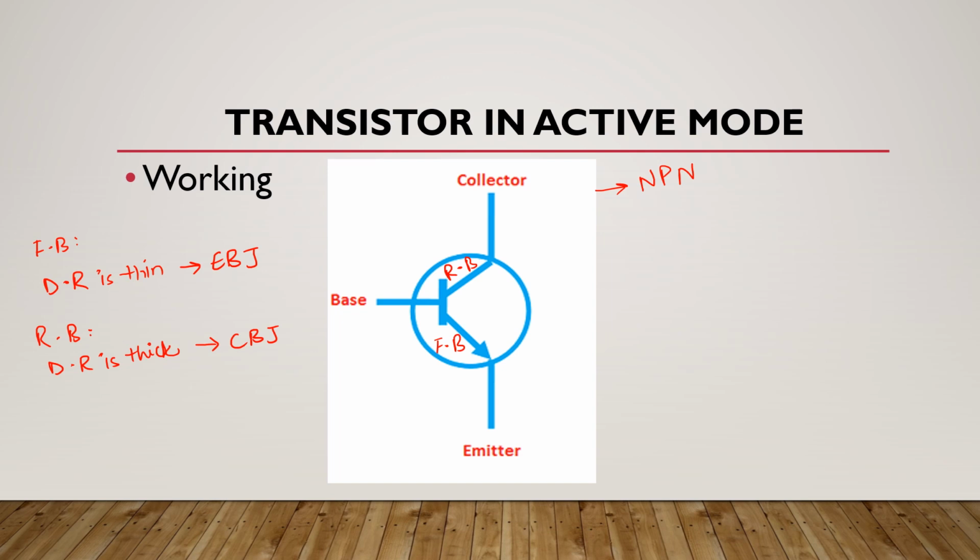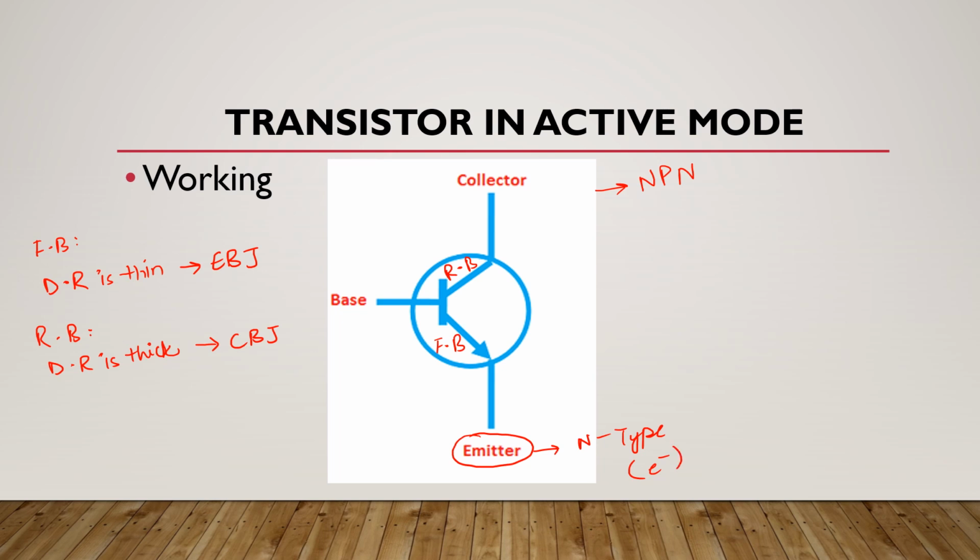Now we know that this emitter terminal is made up of N-type material in an NPN transistor, and this emitter is heavily doped. It means this emitter has a very high density of conduction band or free electrons.